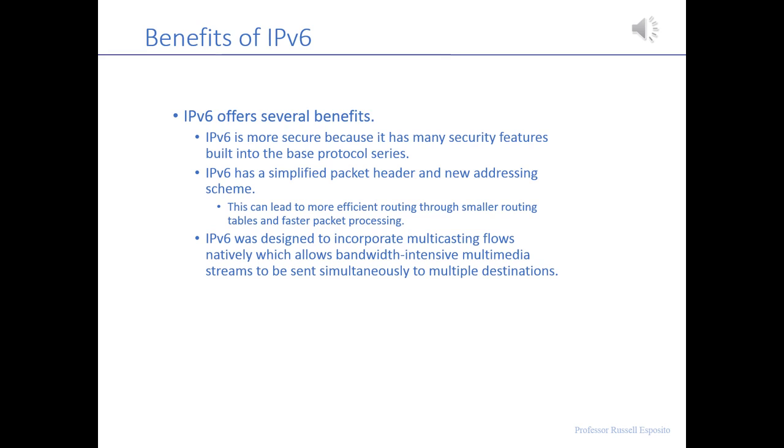It also has a simplified header and a new addressing scheme. It can be more efficient, has other advantages such as multicasting, and allows for very intensive broadband and multimedia streams of data. So that is where everyone is heading: IP version 6.